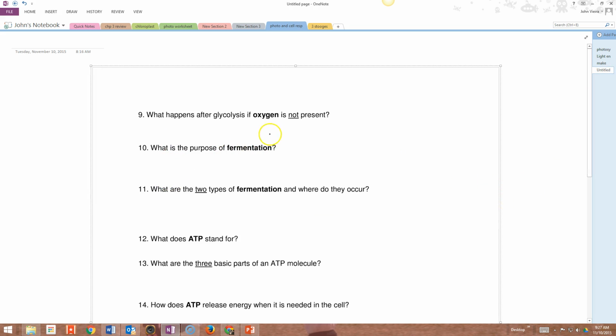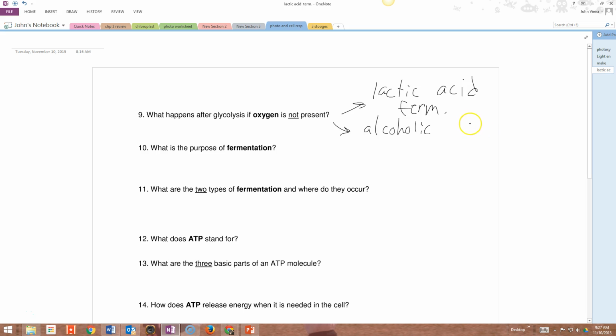What happens after glycolysis if oxygen is not present? It will either go into lactic acid fermentation if you're in a muscle cell, or if you're a yeast cell, it'll go into alcoholic fermentation. What is the purpose of fermentation? To allow what process to continue? Glycolysis.